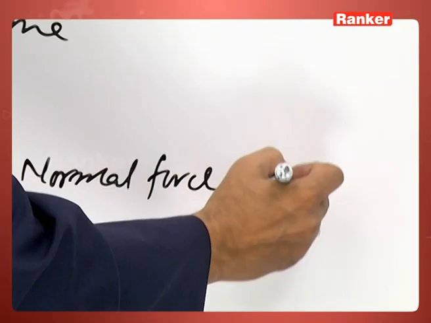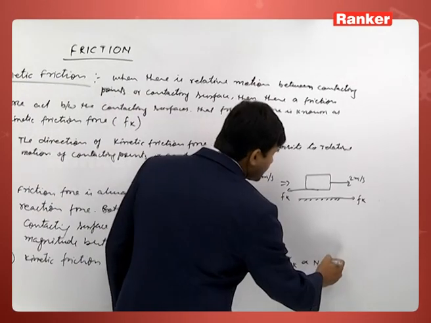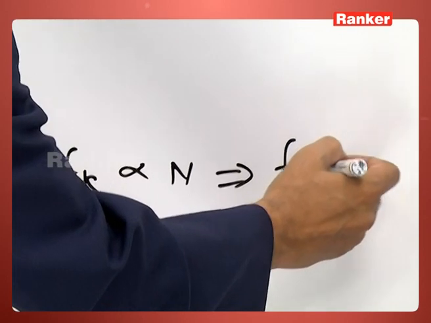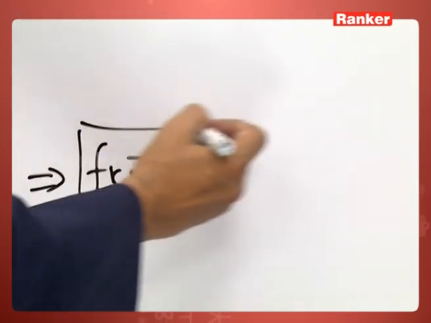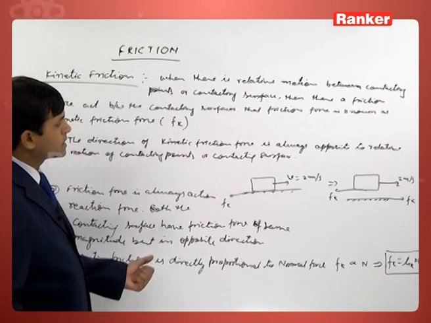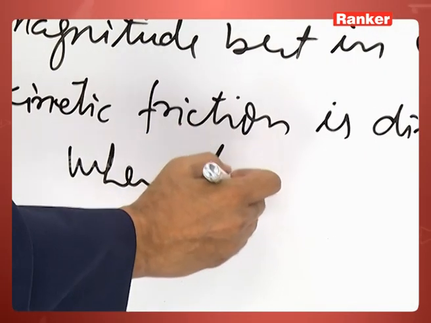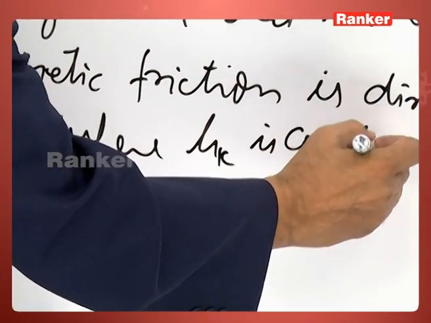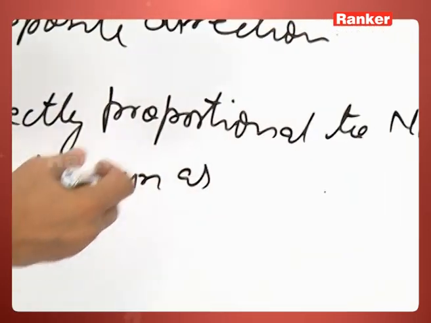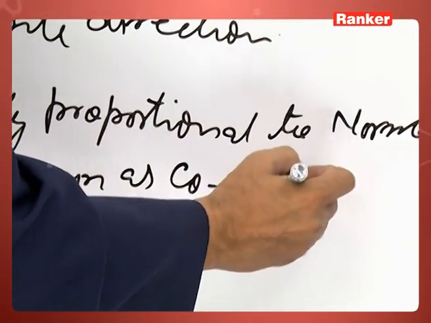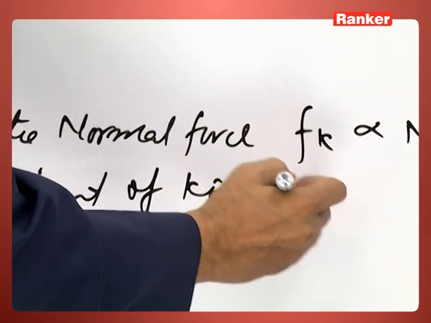We can say Fk is proportional to the normal force, and when we remove the proportionality sign, we get a constant, Fk = mu k times N, where mu k is a constant known as the coefficient of kinetic friction.